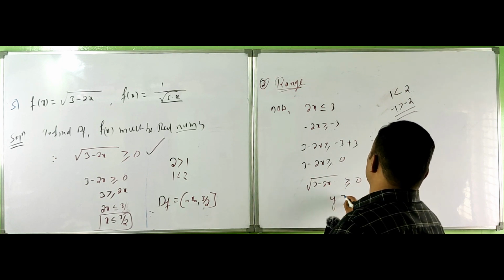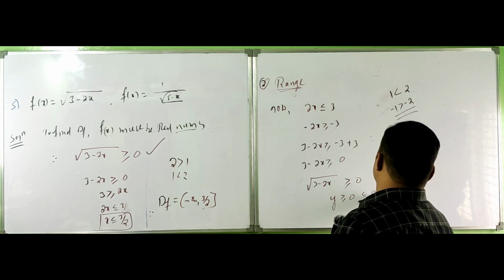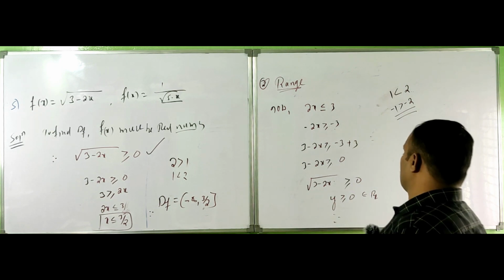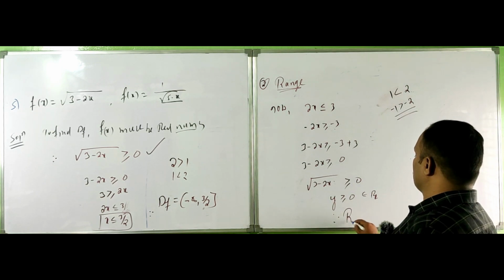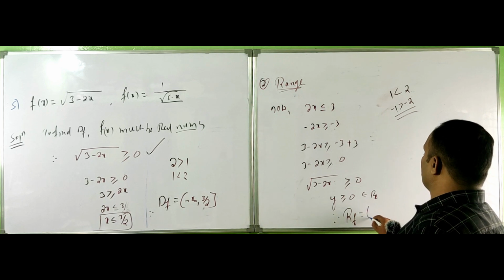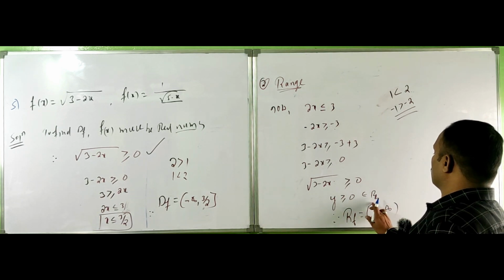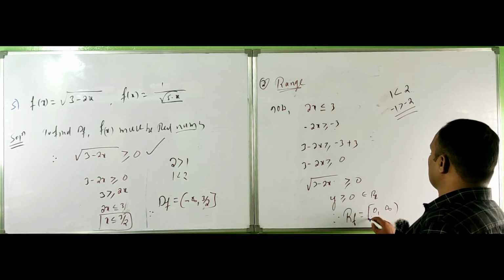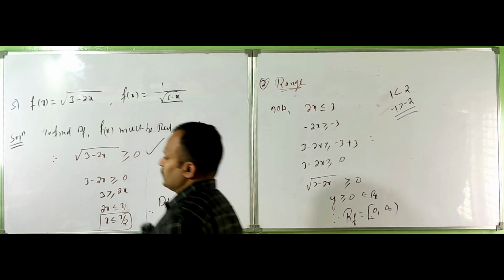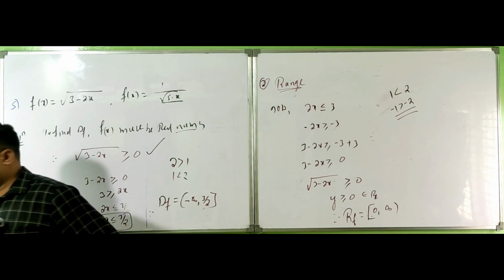Therefore, y is greater than or equal to 0. It belongs to the range of f. Therefore, range is 0 to infinity, with the closed bracket, right? I think so. The range will be right.